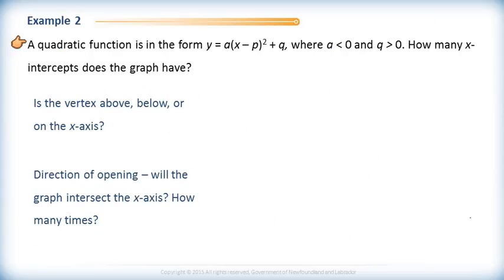This next example is a little bit more vague to start. A quadratic function is in the form y equals a outside of x minus p squared plus q, where a is less than 0 and q is greater than 0. How many x-intercepts does the graph have? Let's see what a less than 0 means. That means a is negative.